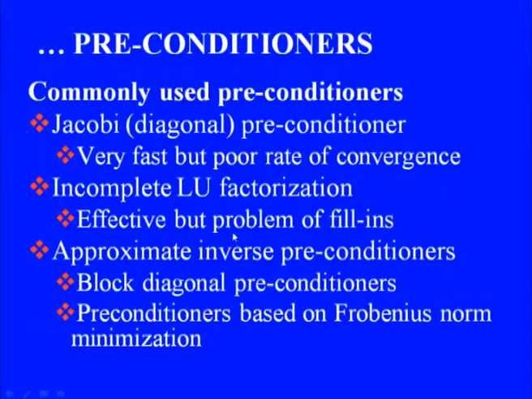There are a few categories here, like block diagonal preconditioners, and we can also obtain approximate inverse preconditioners based on what we call Frobenius norm minimization. For details of these ILU, block diagonal or Frobenius norm based sparse approximate inverse preconditioners, please have a look at the book by Saad.